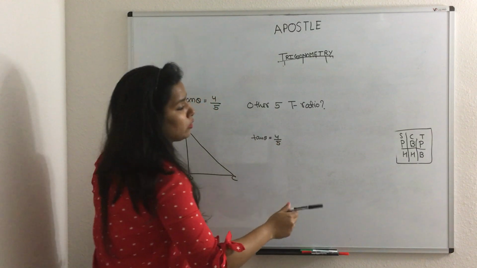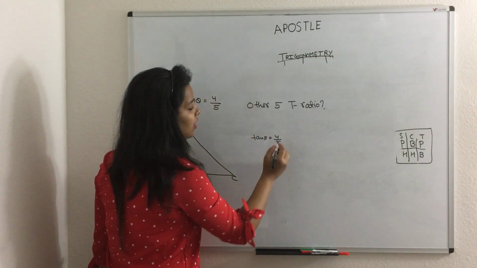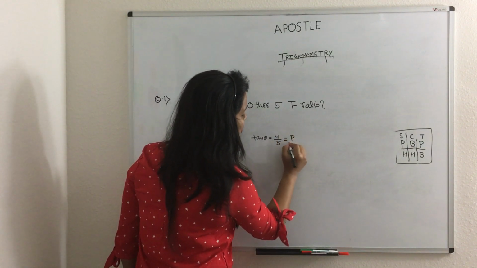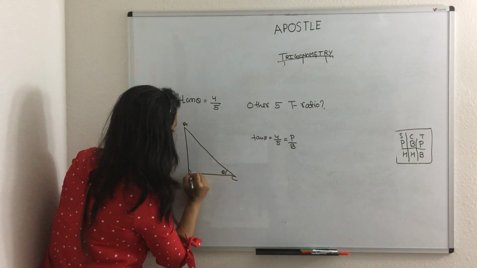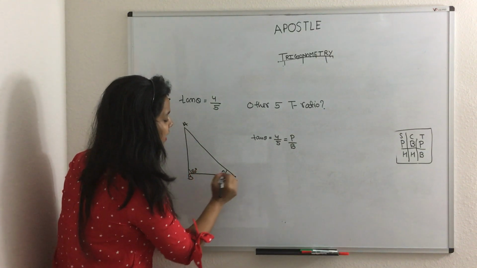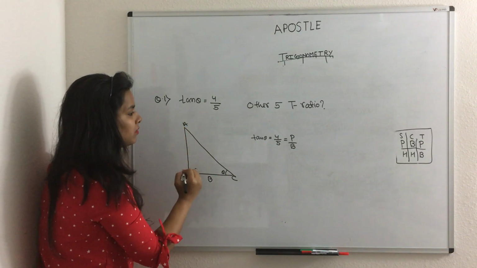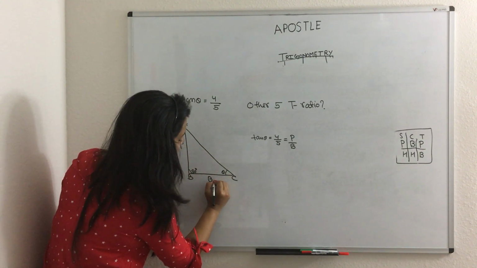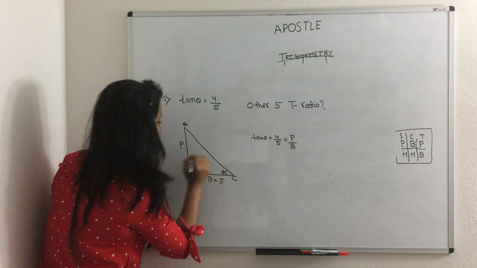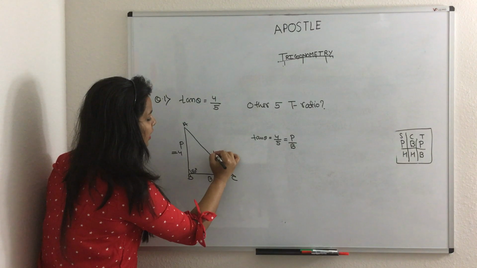In this we know that tan theta is 4 by 5. So according to Pandit Badri Prasad har har bole, what is tan theta? Tan theta is perpendicular upon base. Here angle theta is this and angle B is 90 degrees. So what is base? This is the base, and this is perpendicular. So base is equal to 5 and perpendicular is equal to 4. So we have to calculate the hypotenuse.